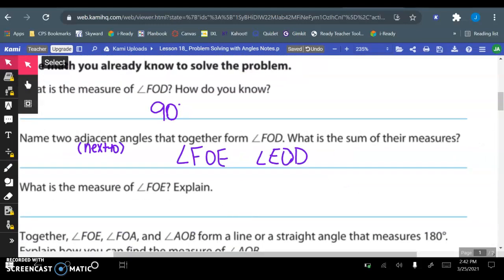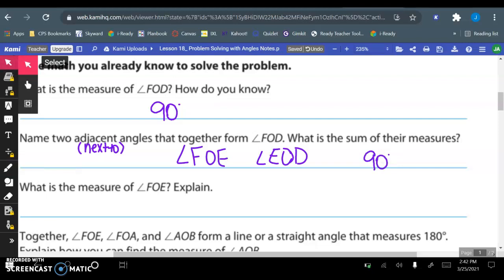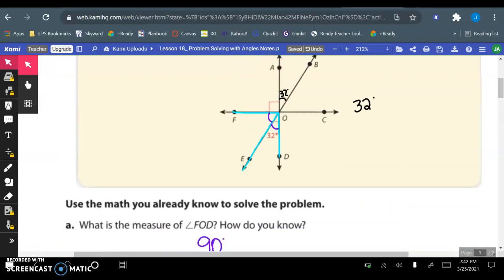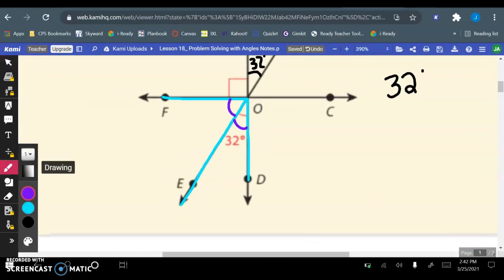And what is the sum of their measures? Well, together they would make 90 degrees. We just said that that angle was 90 degrees in the last question. So if we added those two smaller ones together, we would still get that 90 degrees. And then what is the measure of angle FOE for part C here? So if I go back up here, FOE is this one right here. So we know that together they make 90.